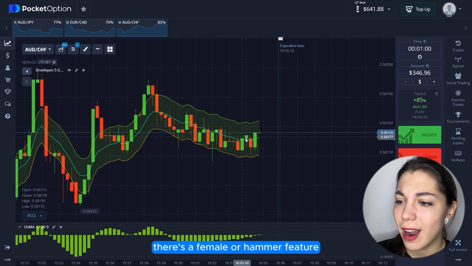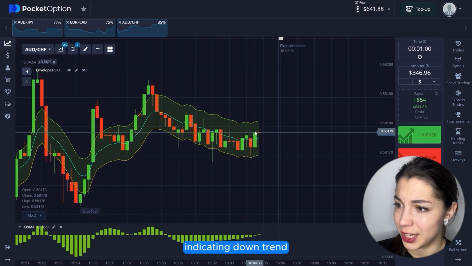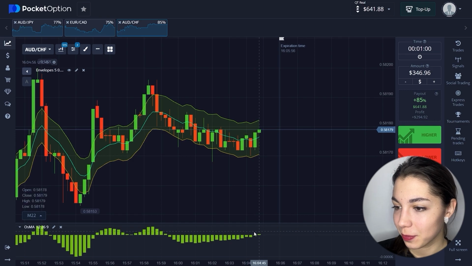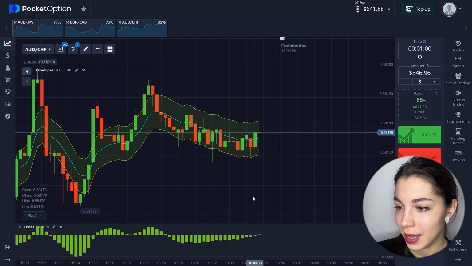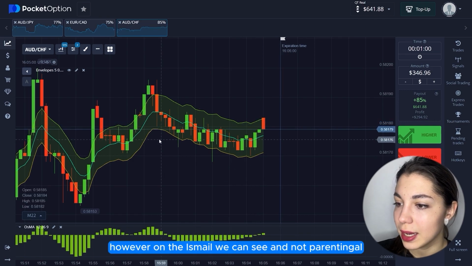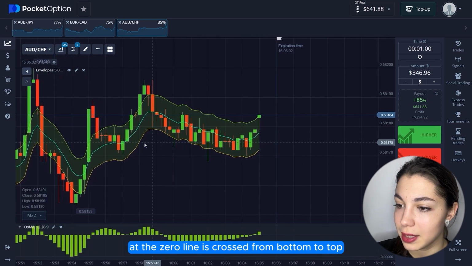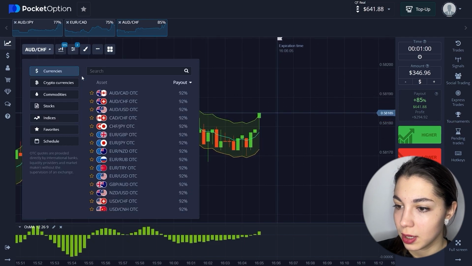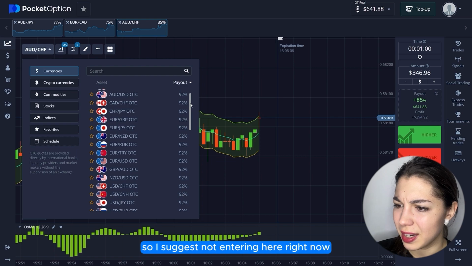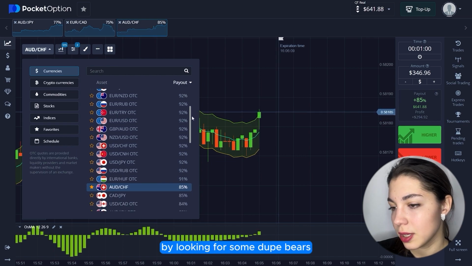There is a familiar hammer feature indicating a downtrend. However, on the SMA, we can see an uptrend signal as the zero line is crossed from bottom to top. So I suggest not entering here right now, and looking for some new pairs.